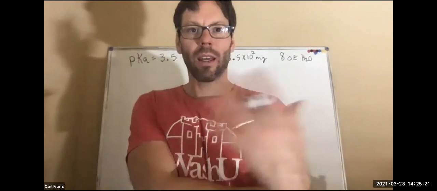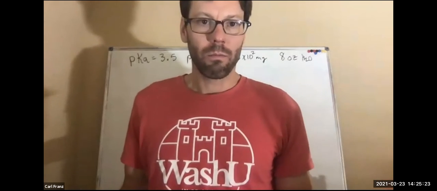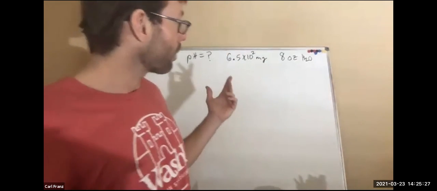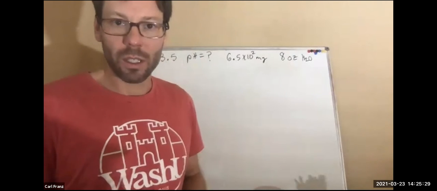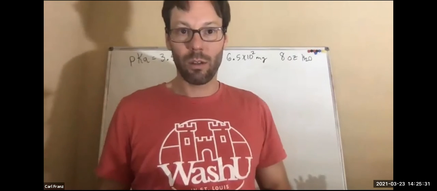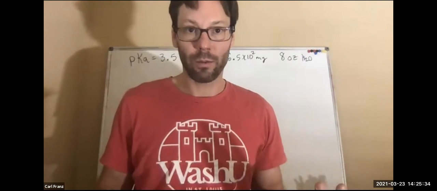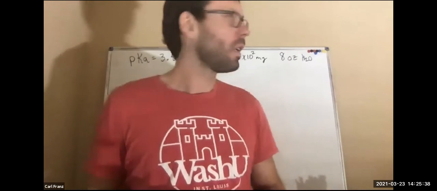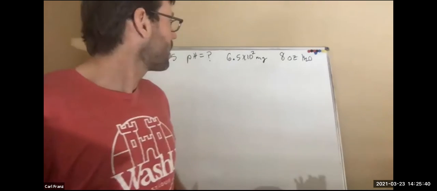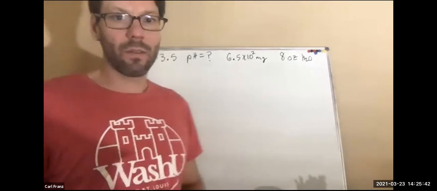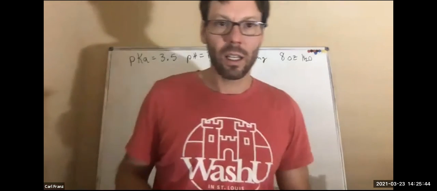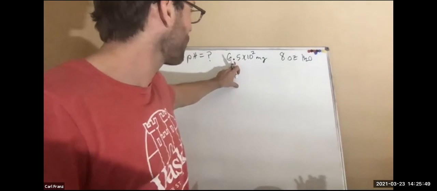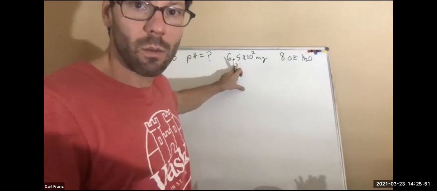So I think the first thing that we need to do is get that milligrams per ounces into moles per liter, right? Off the bat. So let's convert 6.5 times 10 to the 2 milligrams. What is that in grams?